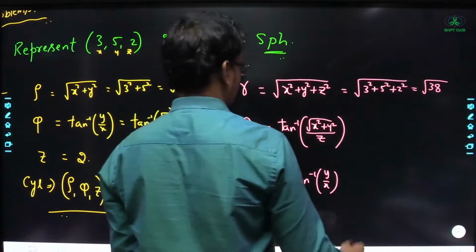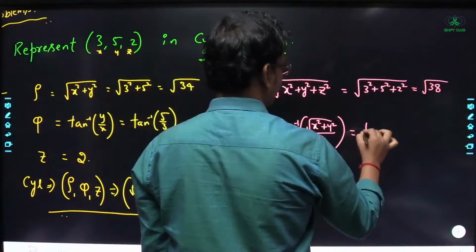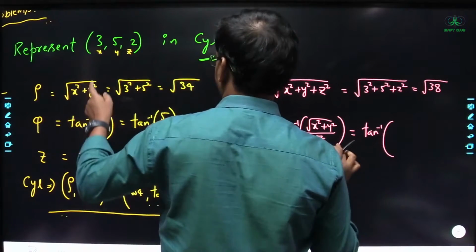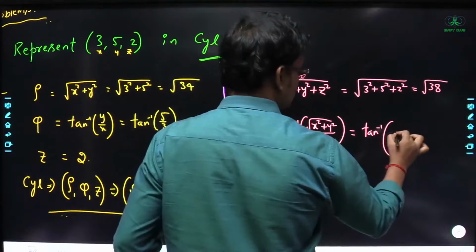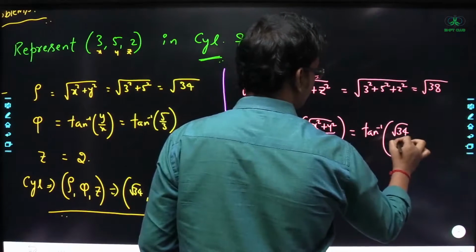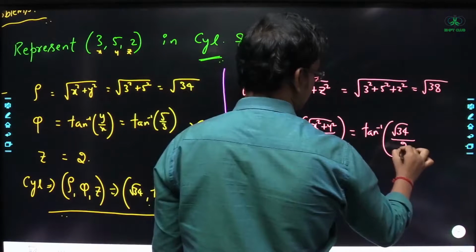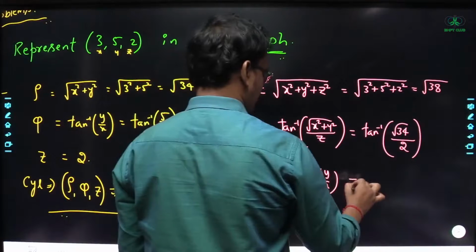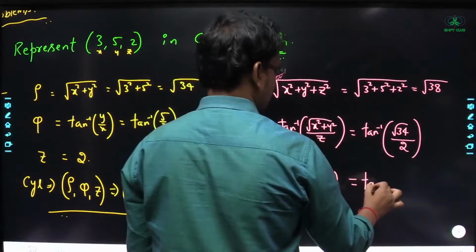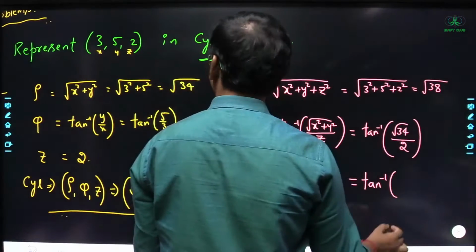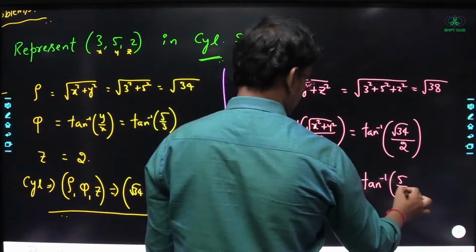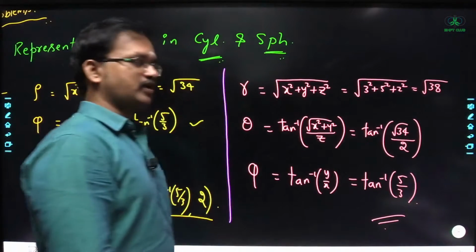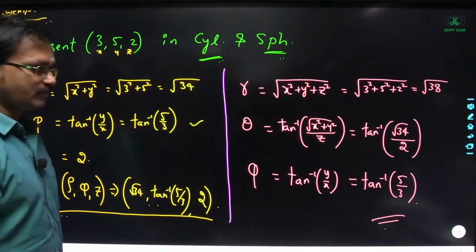Next, theta is tan inverse of the square root of 3 square plus 5 square, that is root 34, divided by z, which is 2. Next, phi is tan inverse of y by x, that is tan inverse of 5 by 3. You can determine these in terms of degrees or radians.